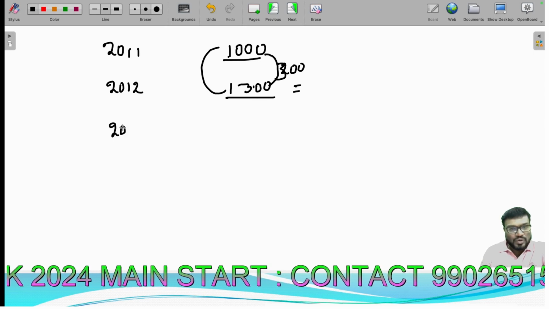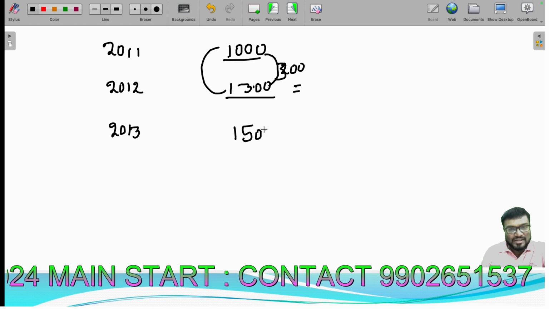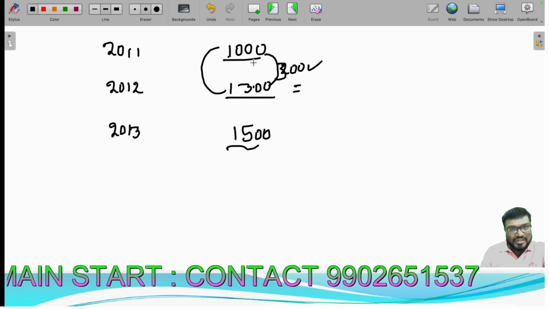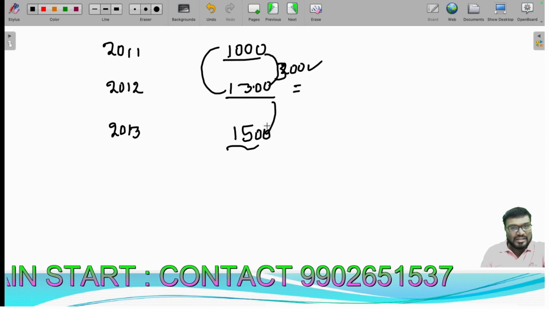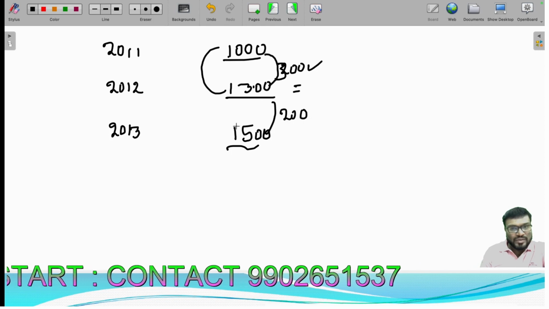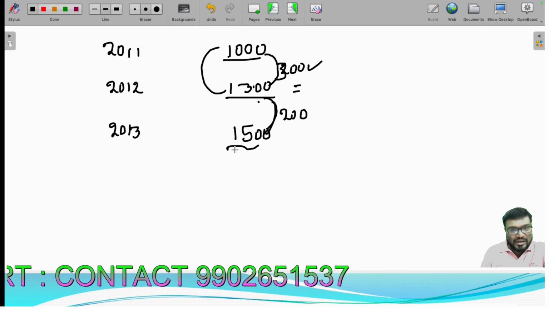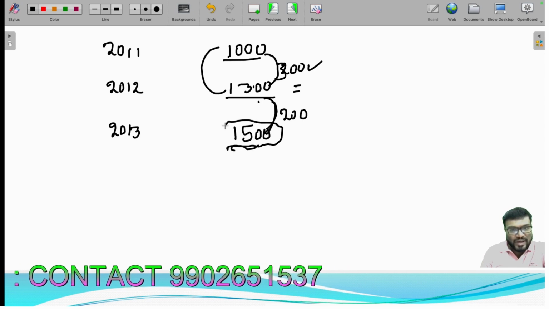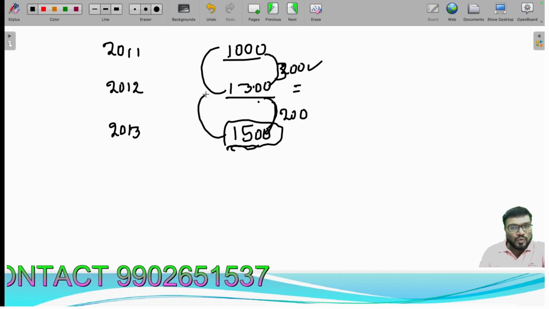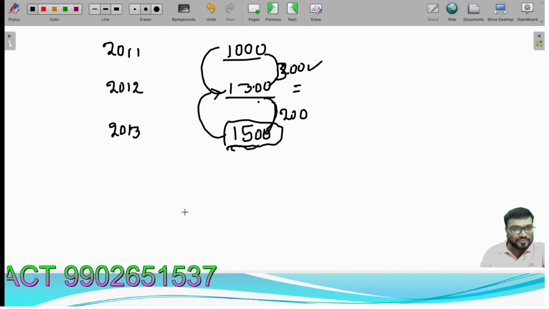For example, in 2013 we have 1500 members, which includes this number, means year increase plus year increase. Year increased 300, year increased 200. If I want the year-to-year increase for 2013, I can subtract 1500 minus 1300, that is 200.